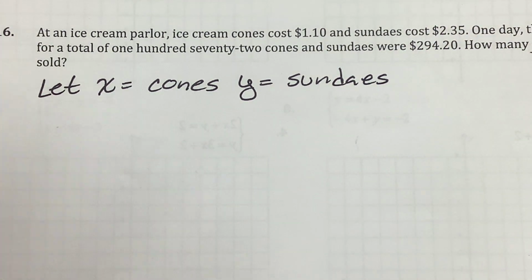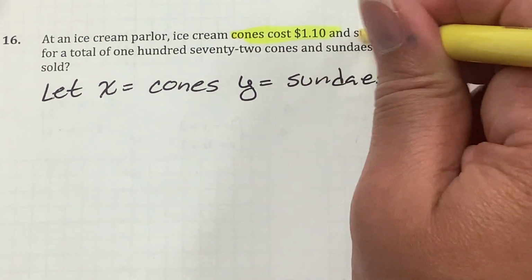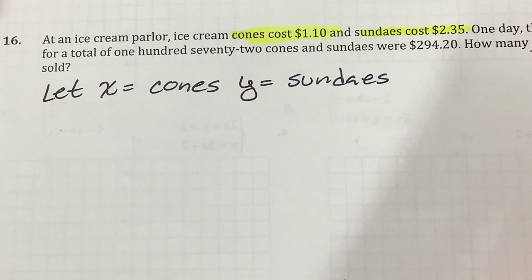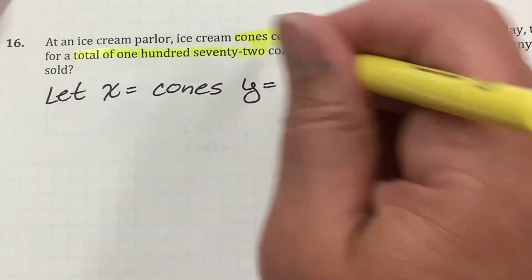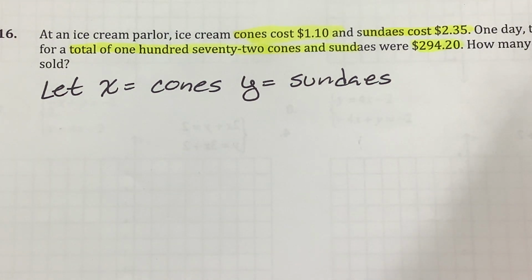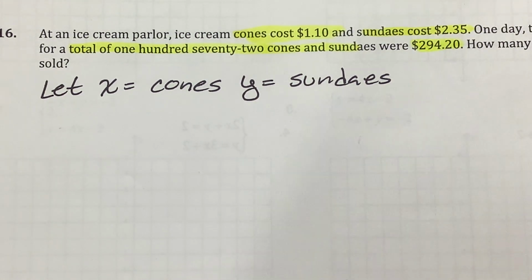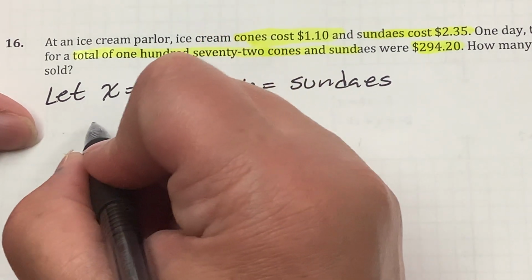Now, let's highlight some stuff. Cones cost $1.10 and sundaes cost $2.35. And the total for 172 cones and sundaes was $294.20. All right, so 2 equations here.